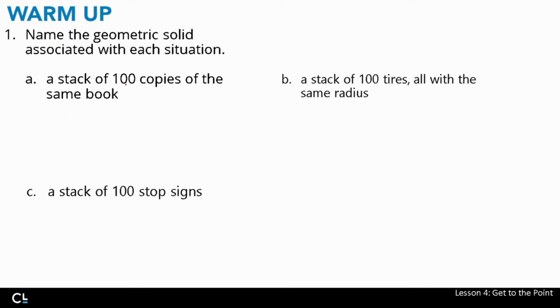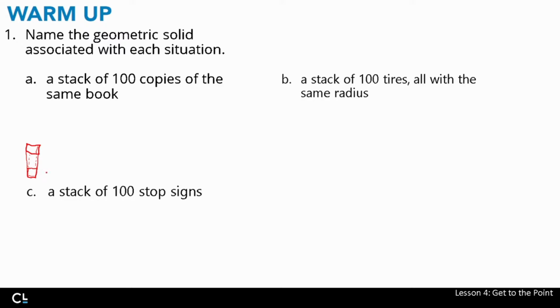The first one says a stack of 100 copies of the same book. Well, we know books are mostly rectangles, right? It's going to have a base of a rectangle, so something that looks like this. But then if we keep stacking them, think about stacking a book, and it goes up. Boom. Stack the books. It's going to look something like this.